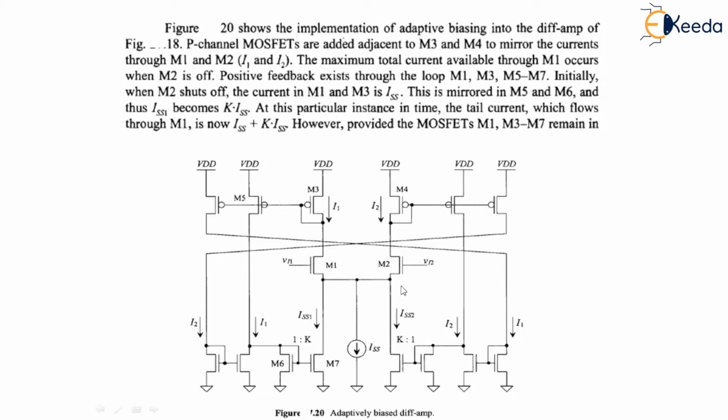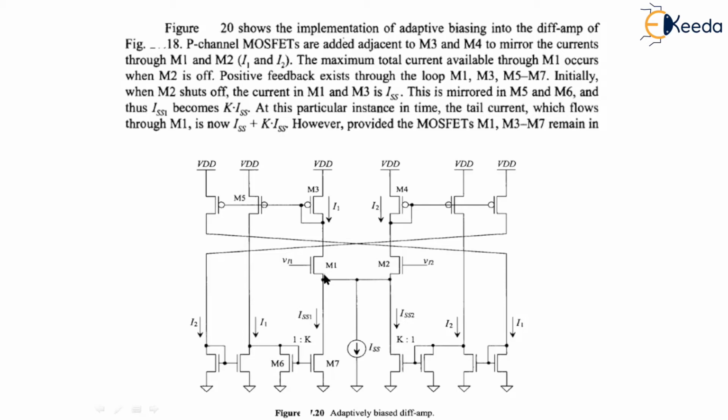Initially, when M2 shuts off, the current in M1 and M3 is ISS. This is mirrored in M5 and M6, and thus ISS1 becomes K times ISS. At this instant, the tail current which flows through M1 is now ISS plus K ISS.